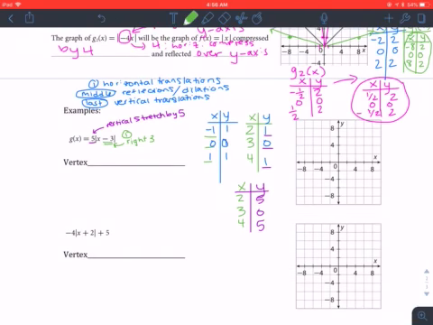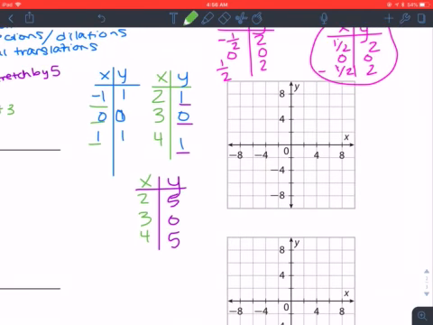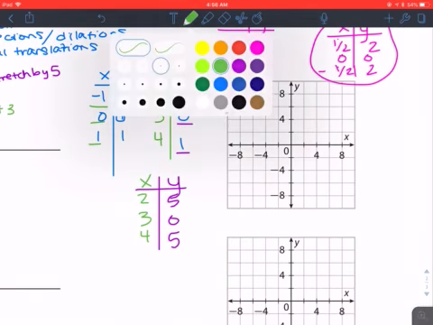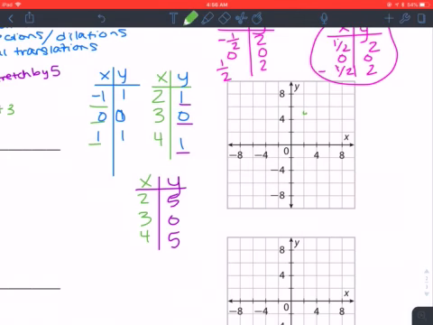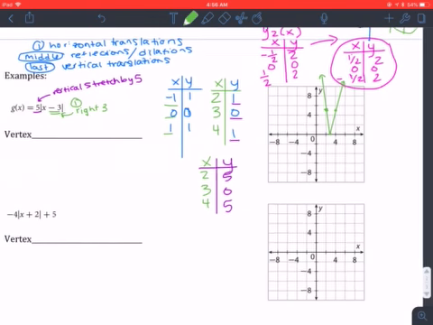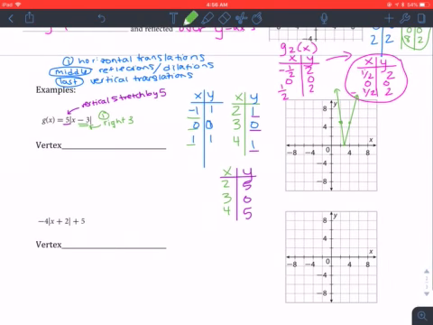Okay, so my new graph, I have a point at 2, 5. I have a point at 3, 0. And a point at 4, 5. So this is my new absolute value function. And we notice it's shifted to the right 3, and then it's vertically stretched.